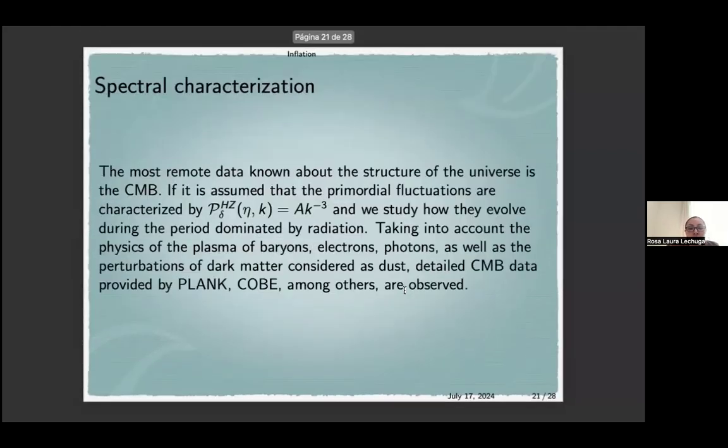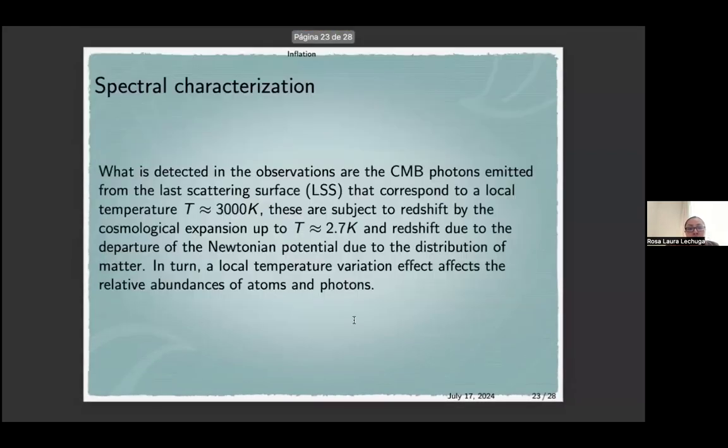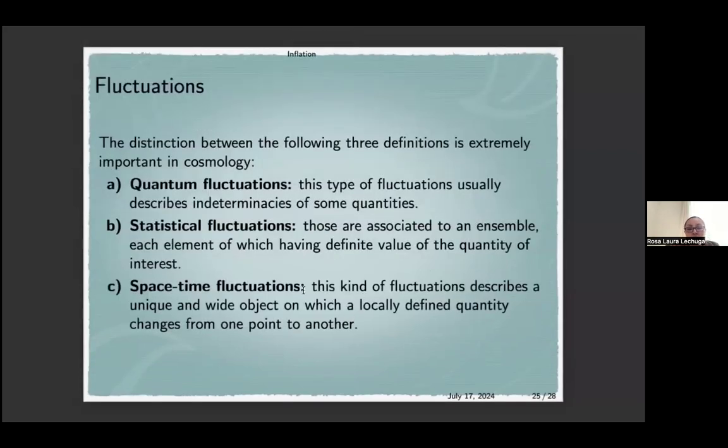One regards how a quantity changes over space, and this is the space-time fluctuations, in the sense that many times we consider in GR the whole space-time, and also you can have the statistical fluctuations, where quantities are characterized by a weight factor. But for that case, you need to have an ensemble, or in other words, a big collection of objects.